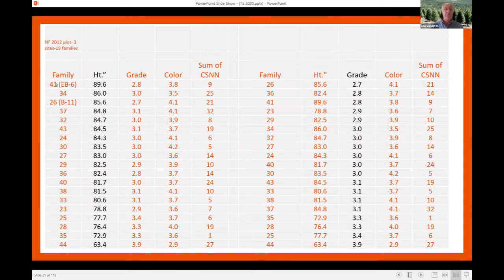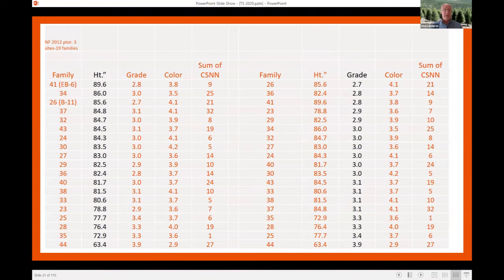So if we look just at this column, it is arranged by first in height, and this column is arranged by first in grade. B11, which is this tree number 26, was 3rd place in height, but interestingly enough was the first for grade. It had a great color, and again fairly low on needle necrosis, although not quite as low as Edwards Butte number 6.